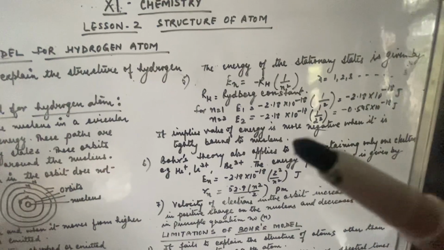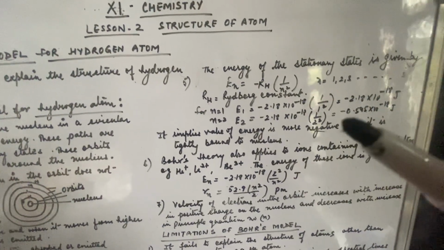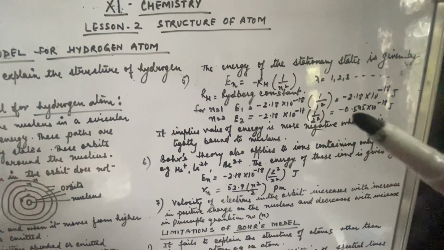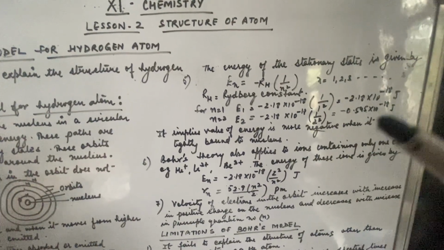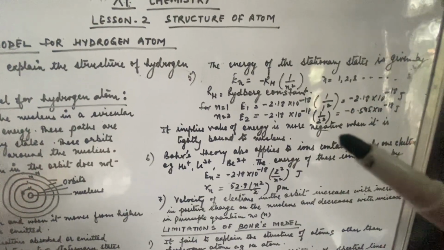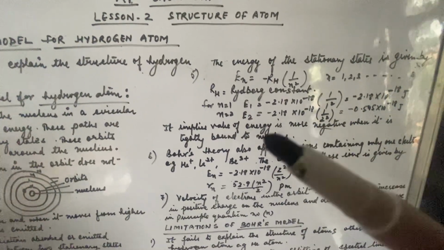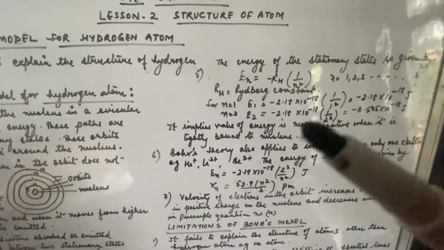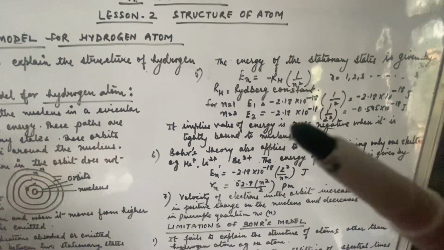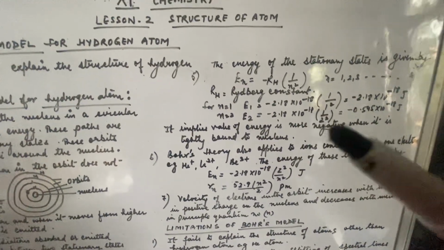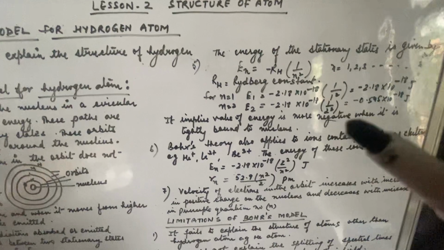It means value of energy is more negative if it is near to the nucleus, tightly bound to the nucleus, and it becomes less negative as it moves far away from the nucleus. And one thing more, if electron is absolutely free from the nucleus force, then its energy will be taken as 0 and n will be considered as infinity.